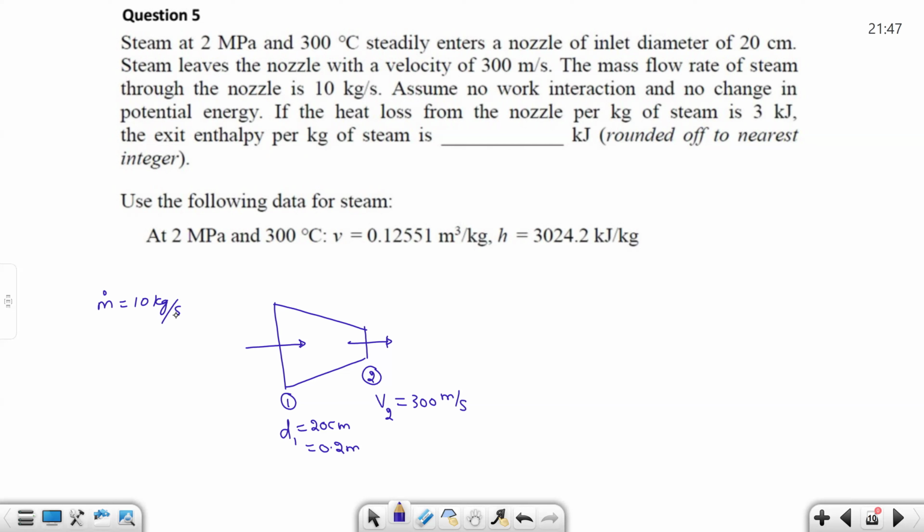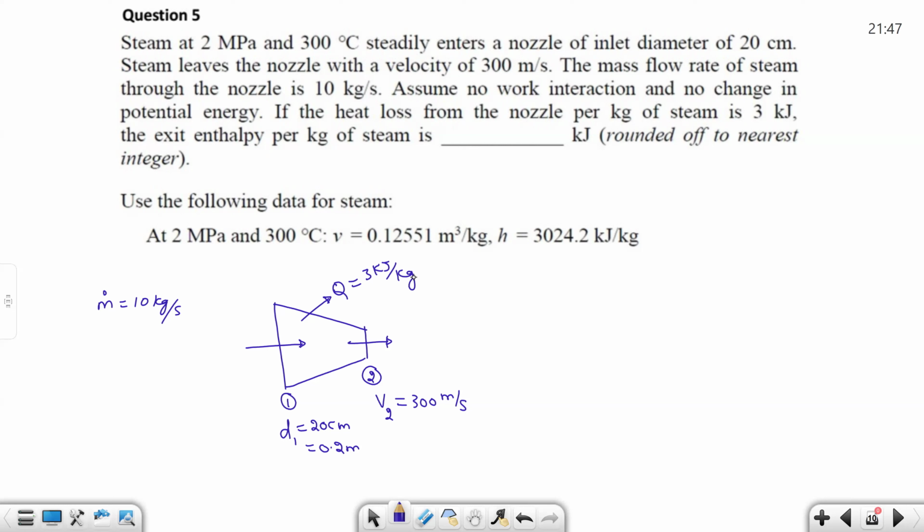Assume no work interaction and no change in potential energy. There is a heat loss from the nozzle, which is 3 kilojoule per kg of steam.